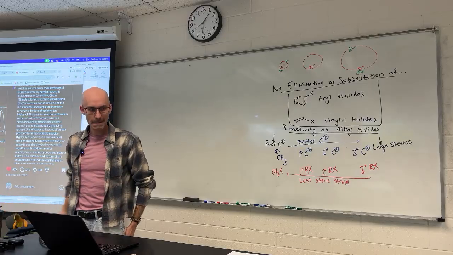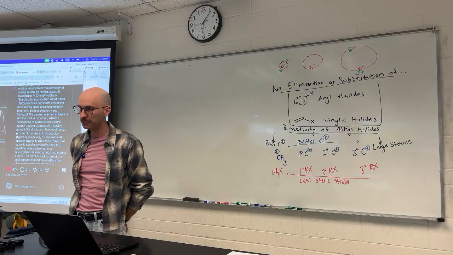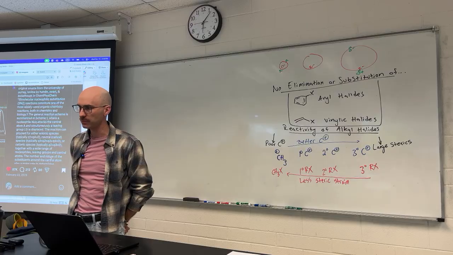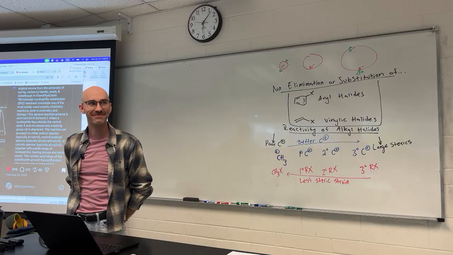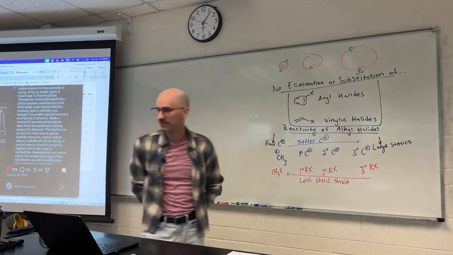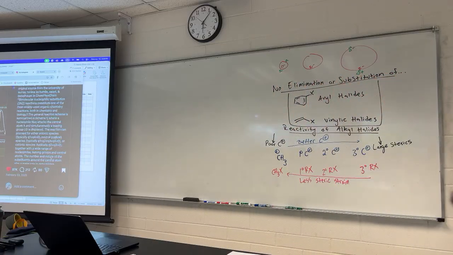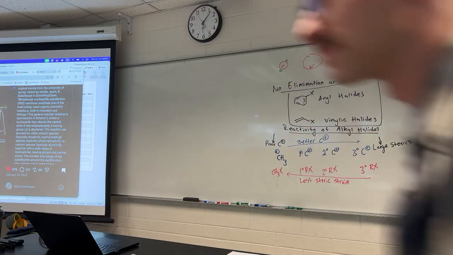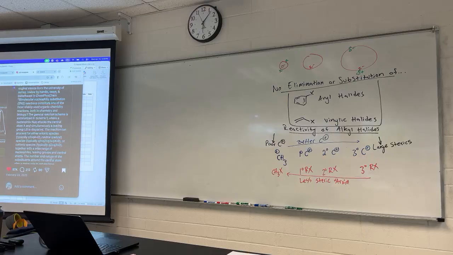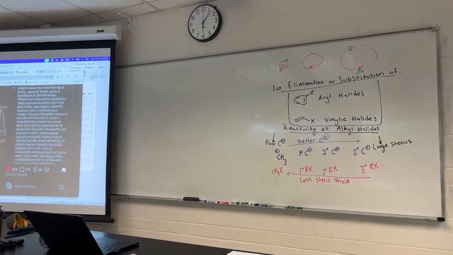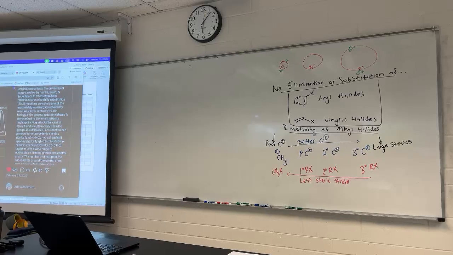Can I ask you a question? Okay, I was doing the homework, and in this one, this terminal alkyne added to this side, which I had drawn out and it made sense in my brain, but I feel like on our notes it made it look like it added to the other.